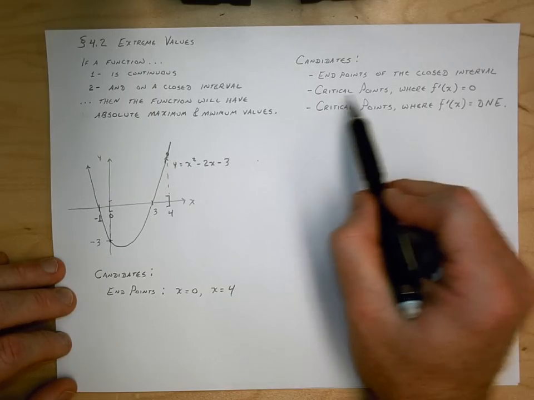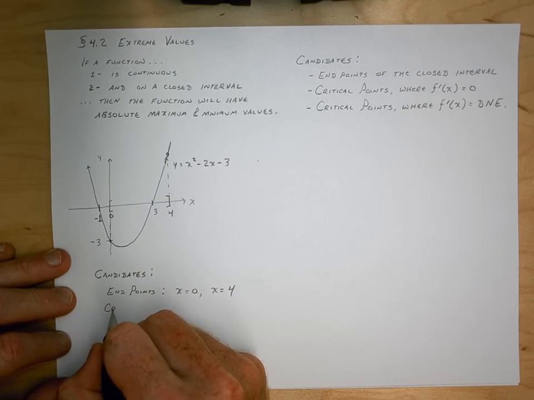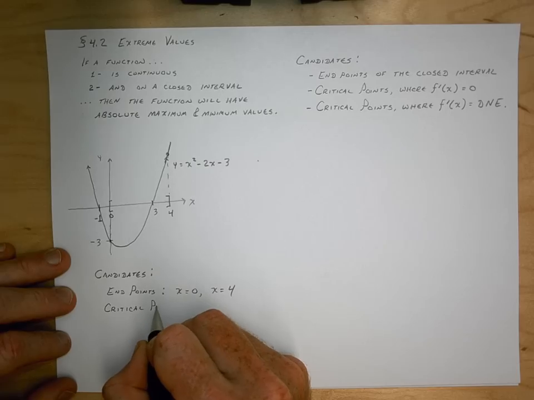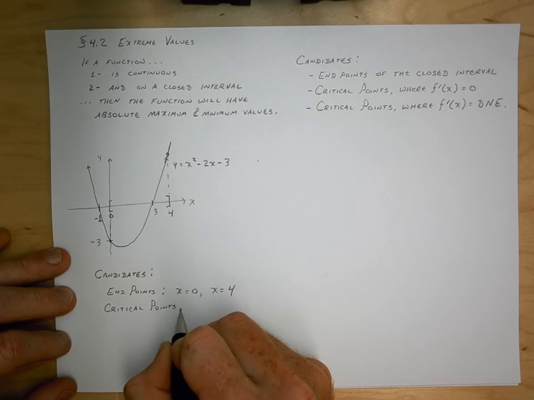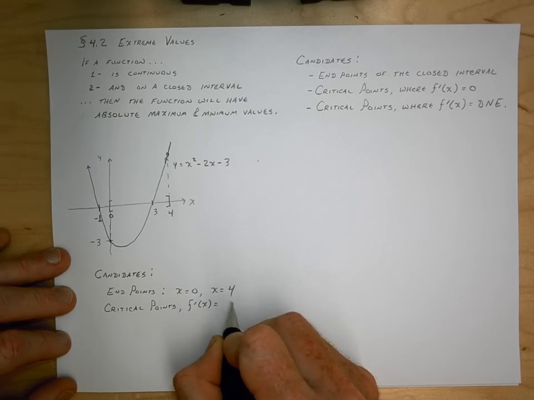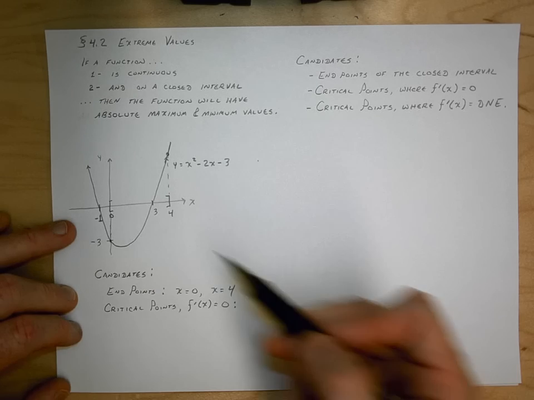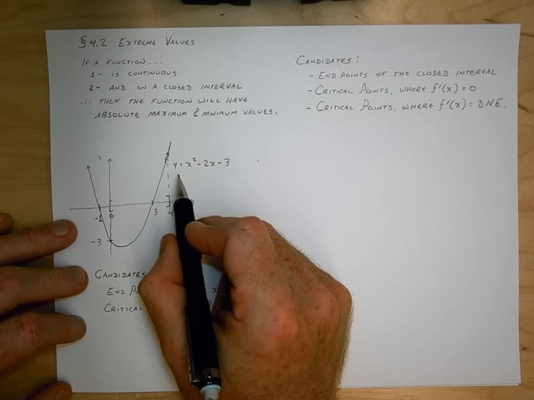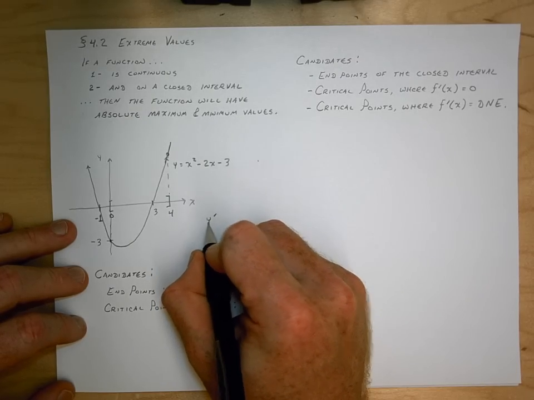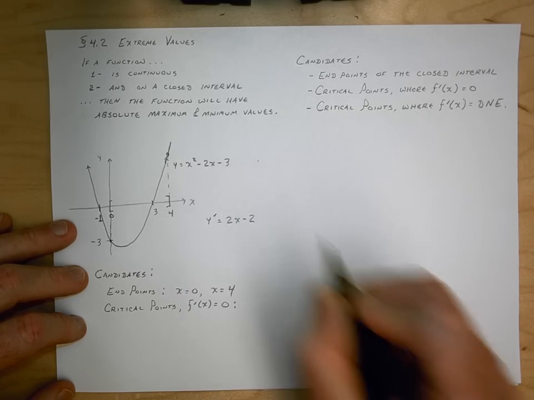Next item on the list is critical points where the first derivative is equal to 0. Well, let's mess with the first derivative of this function. Again, you ought to be able to find the first derivative of this without any sweat by now. Y prime is 2x minus 2.